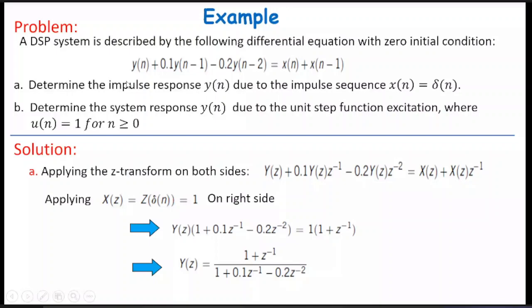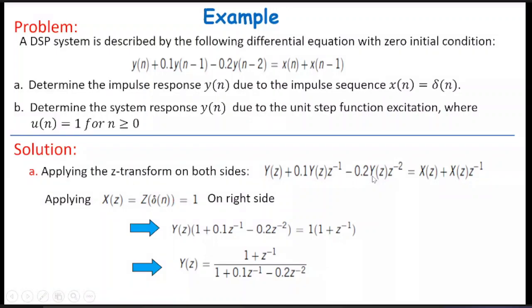If y of n minus 1 is there, then for the amount of delay you keep it as the power of z, so it becomes z to the power minus 1 times Y(z). The next value is minus 0.2 yn minus 2, but the delay is 2, so it is z to the power minus 2 times Y(z).